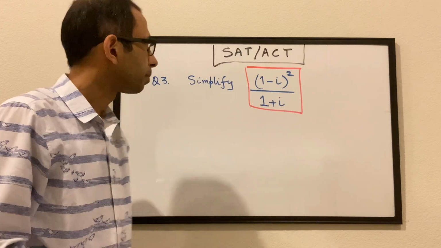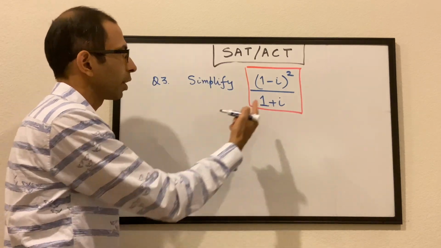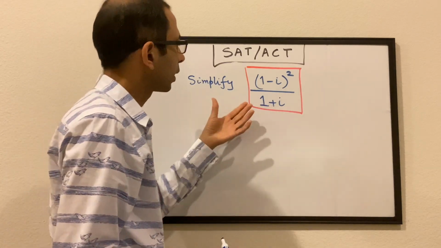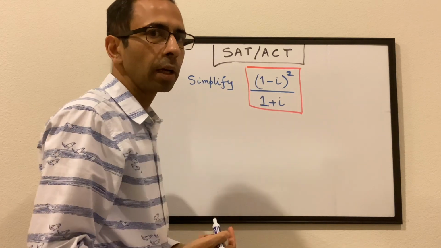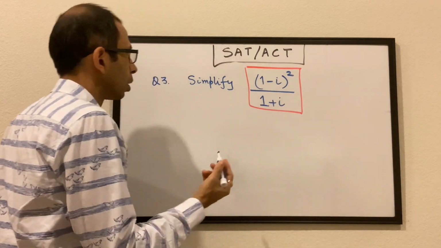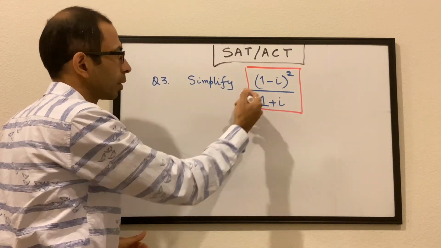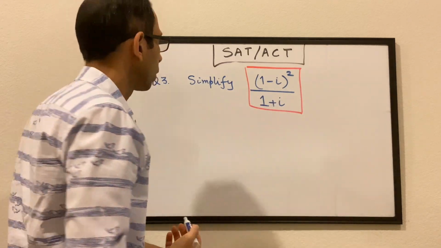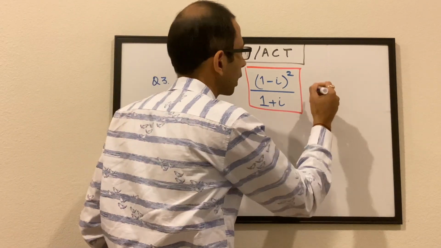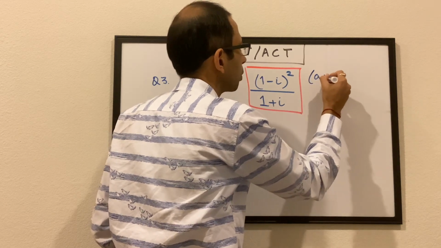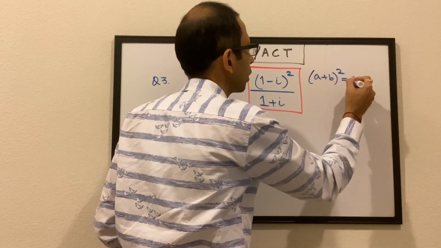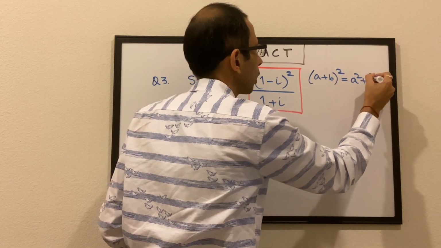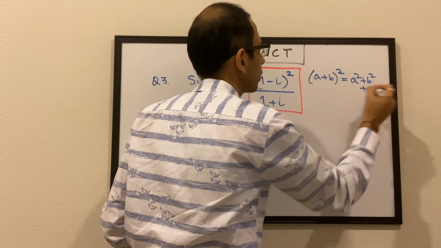Question number 3. We have to simplify this expression: (1 minus i) whole squared divided by 1 plus i, right? So we can always expand the numerator either by the FOIL method or we can use (a plus b) whole squared. We all know that (a plus b) whole squared is equal to a squared plus b squared plus 2ab, right?